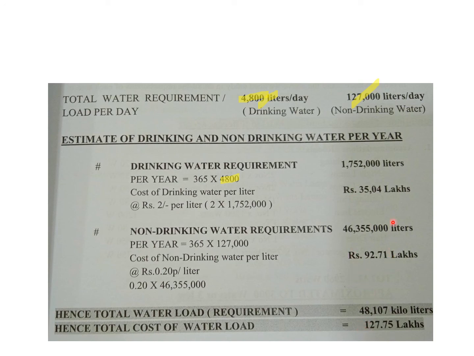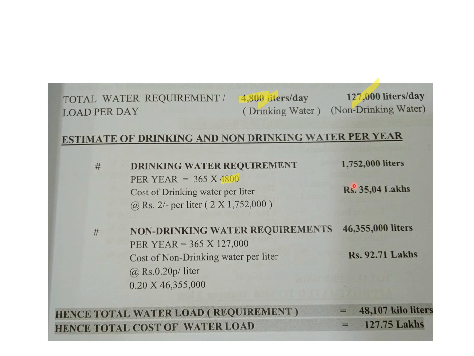So the water cost is the sum of 35, sorry, more than a crore. It's 1.27 crores over here: 92 lakhs and 35 lakhs. And the amount of water required over here is 48 million liters.